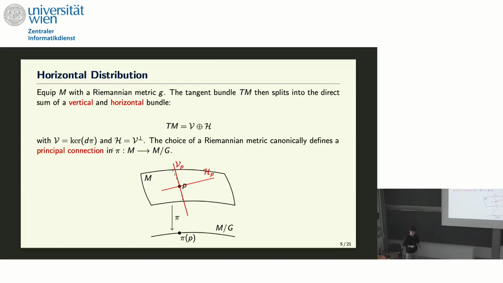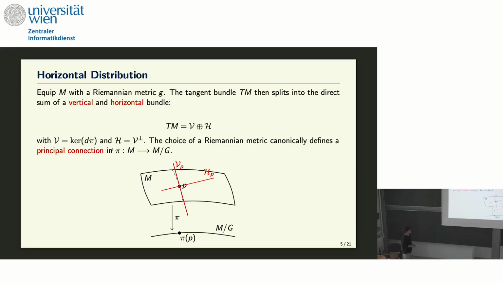So we are looking for two conditions. We are looking for a group action on my manifold such that the action is isometric with respect to the metric. And we also want to split the tangent bundle, so the set of all the tangent spaces. We want to split each tangent space into a vertical part and a horizontal part.